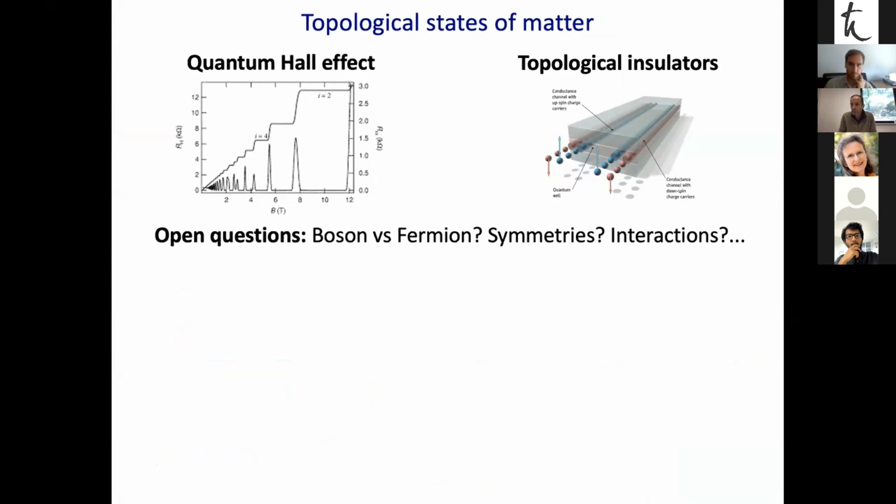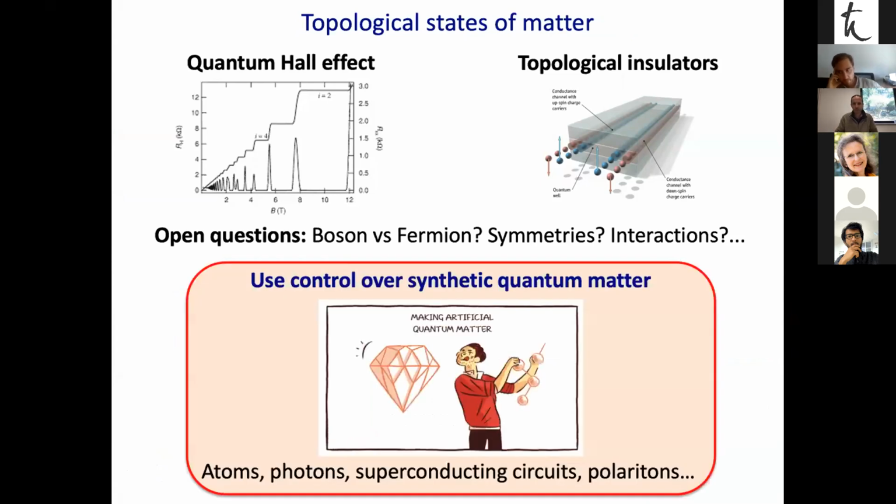What are the roles of symmetries? Precisely the role of the interactions and its interplay with the topology. So once again, I don't need to motivate that too much, but essentially, if you want to revisit those questions and try to understand them better, one fruitful approach is to build in the lab some synthetic matter over which you can control the parameters, and try to explore the various aspects you are interested in.